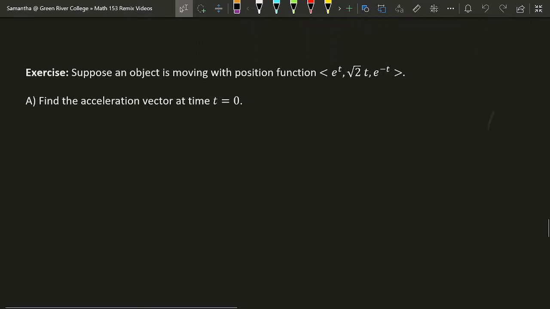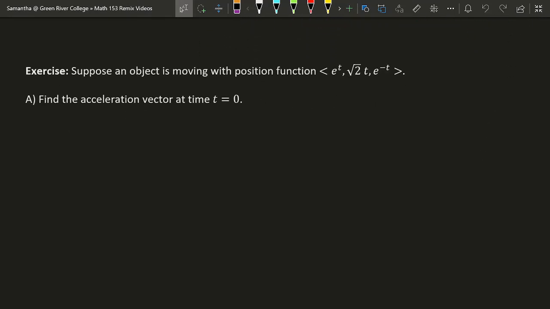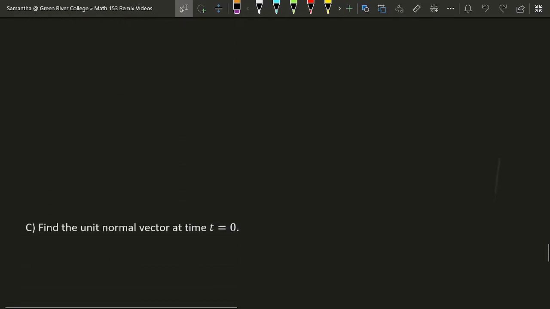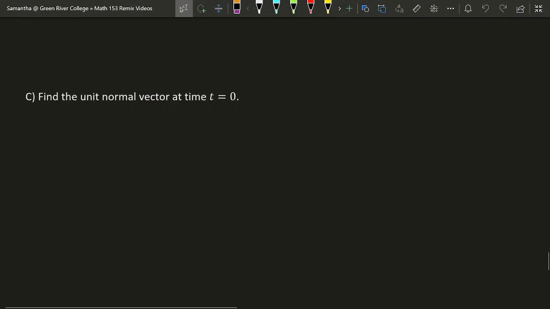Consider, for example, the following exercise. We have an object moving with a position function given by this expression, e to the t, root 2 times t, e to the minus t. In part C, we would like to find the unit normal vector at time t equals 0.